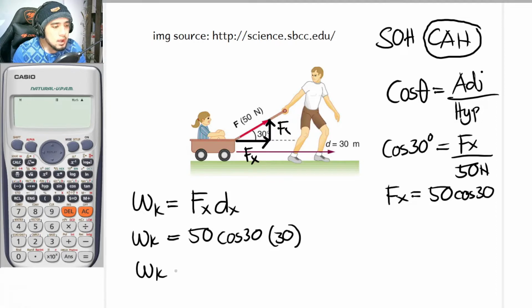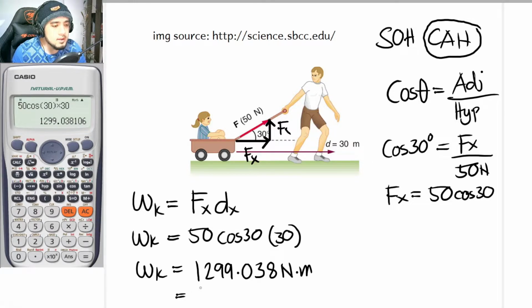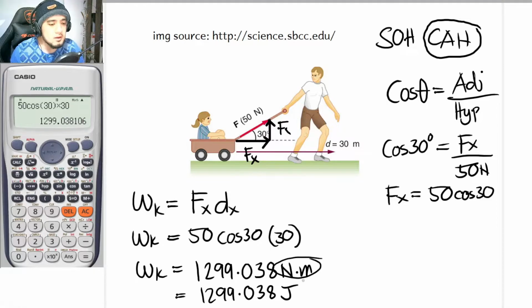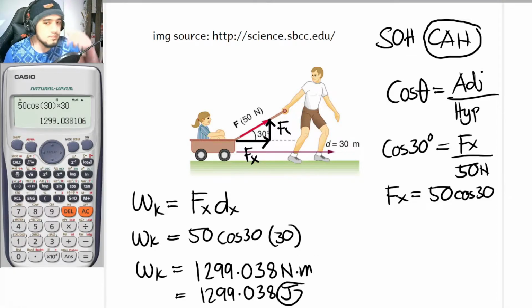Solving for work, looking at the calculator, 50 cosine 30 times 30, our answer is 1299.038 newton meters. Or we can also rewrite it as 1299.038 joules, since 1 newton meter is equal to 1 joule.